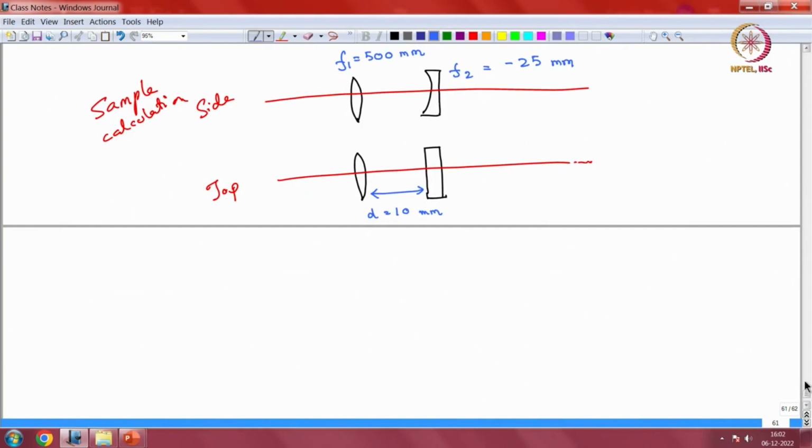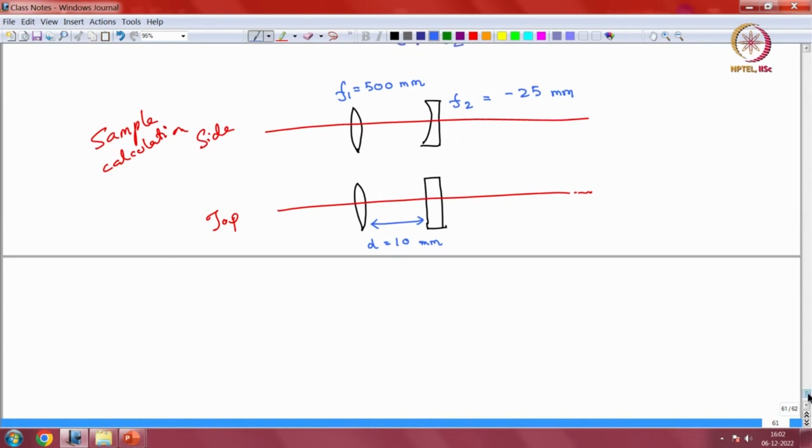Okay, so now we can do our calculation. I'll need a different color. Okay, let's see. So we have a collimated light which comes in. This collimated light goes into my cylindrical lens.